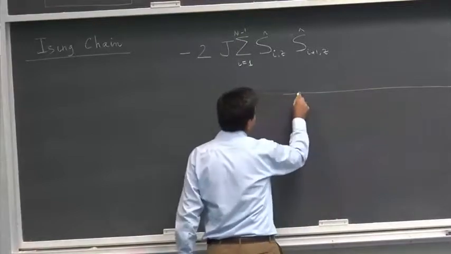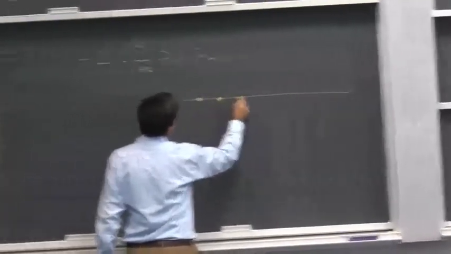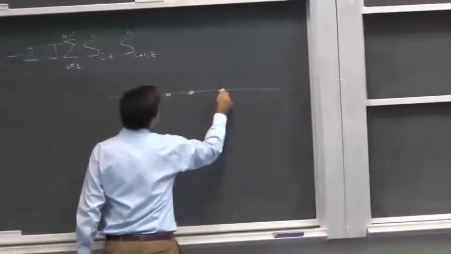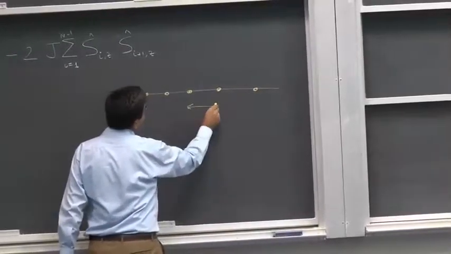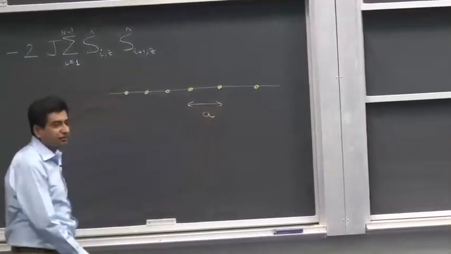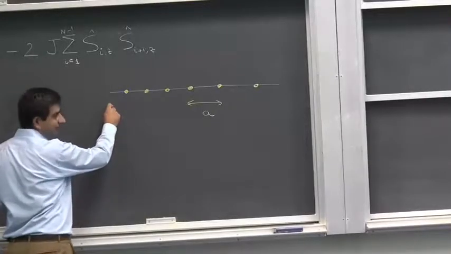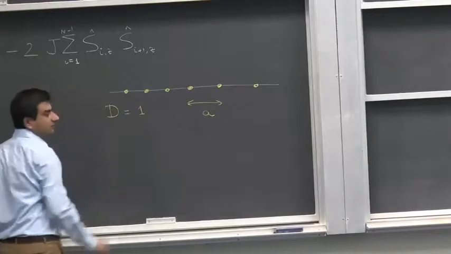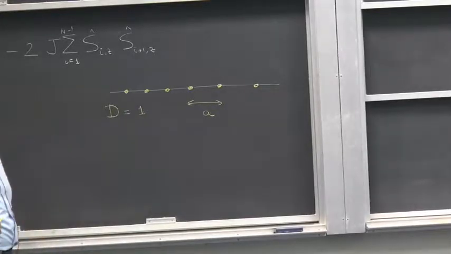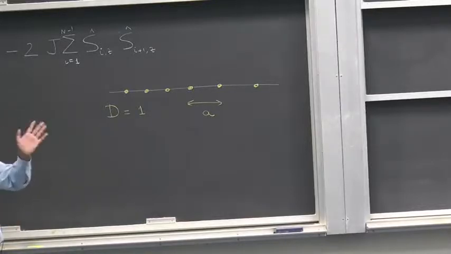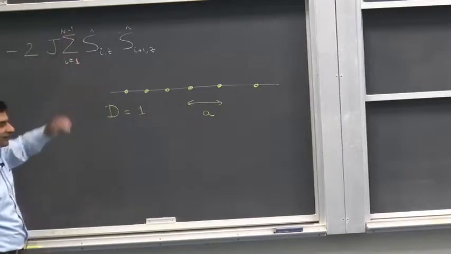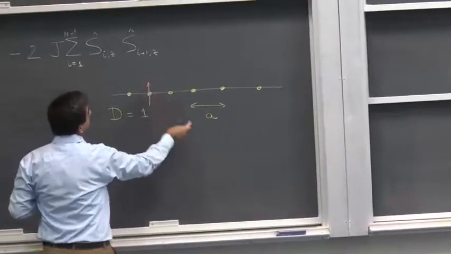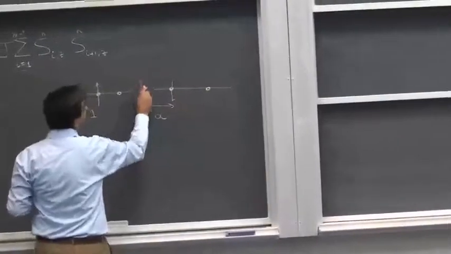of spins. These spins are separated by a distance a, which is a lattice constant, and it's a 1D chain. So the dimensionality of this system is 1. So it's a 1D chain. And each spin can point up or down because it's just the z component we're talking about. If we take the z axis to be the vertical axis, the spin can point up or it can point down, right?